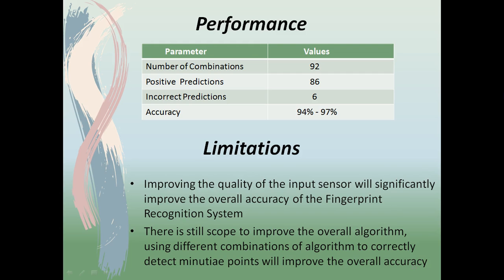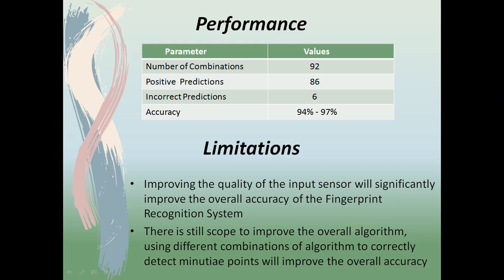Now, if you look at the quality of the input sensor, we could use a different quality input sensor. I know optical sensors and semiconductor sensors are good, but if we had used a slightly more advanced sensor, we could have improved the system accuracy, because we would have obtained clearer images with higher contrast and clarity, so that we could enhance them much further to an absolutely clear level.